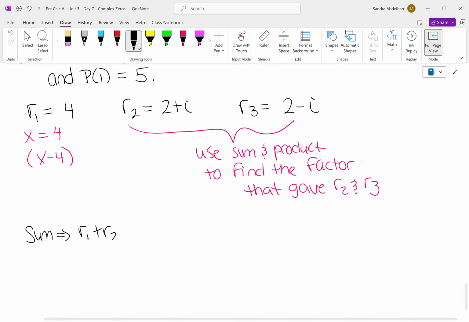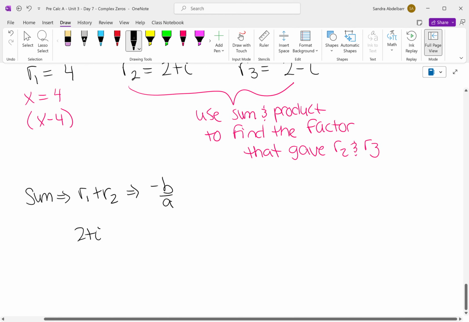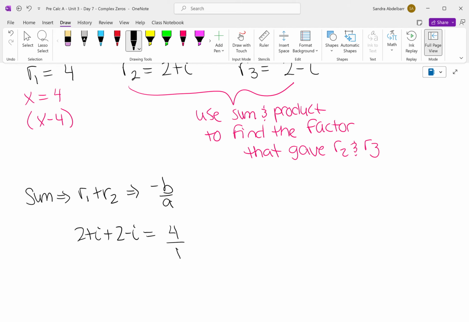Sum is going to be root 2 plus root 3, which is negative b over a. So then we have 2 plus i plus 2 minus i, which gives us 4. So our a is 1, our b is negative 4.